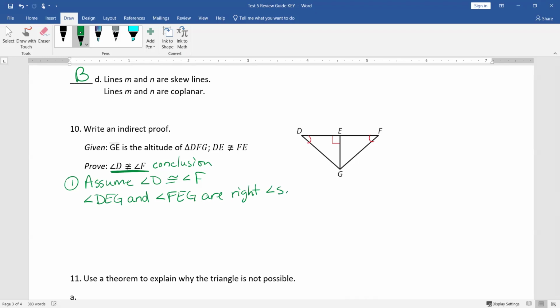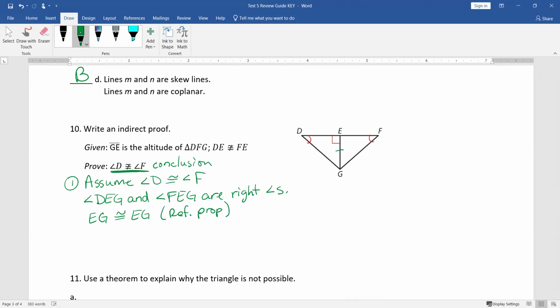That also means that they're congruent, but we're working with a right triangle. We also know that side EG is congruent to side EG because of the reflexive property.